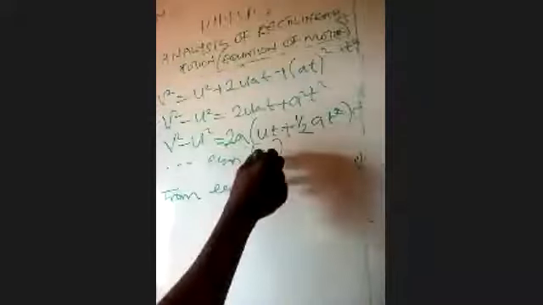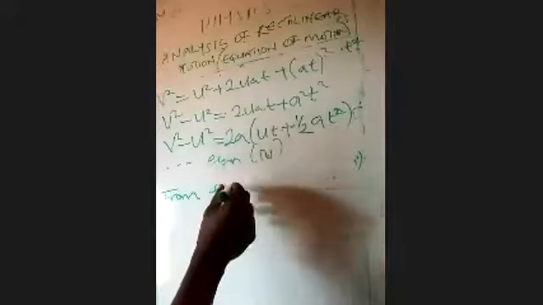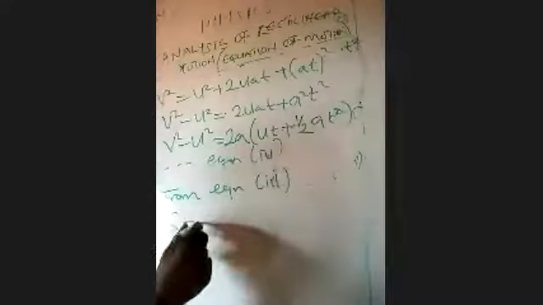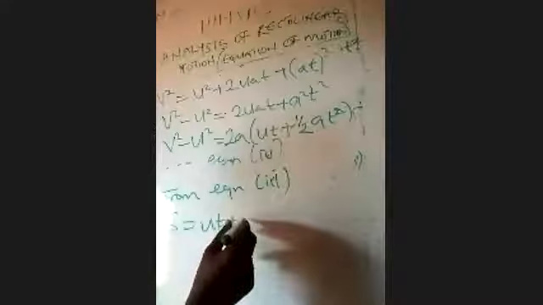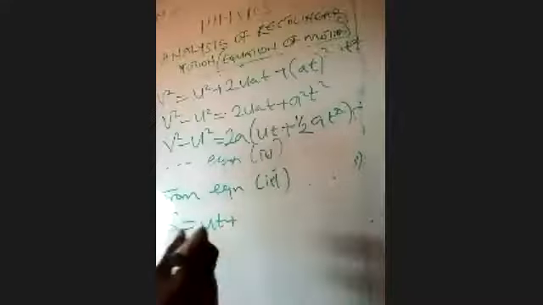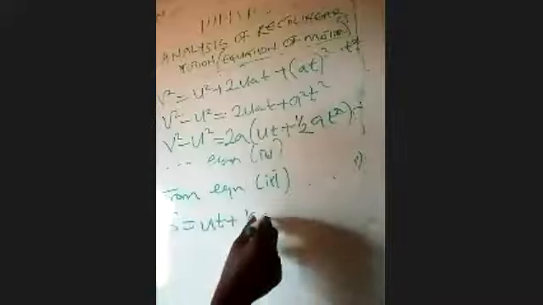This is equation 4. From equation 3, what is our equation 3? Our equation 3 is s is equal to ut plus half at squared.